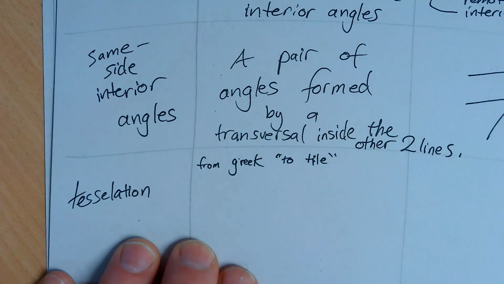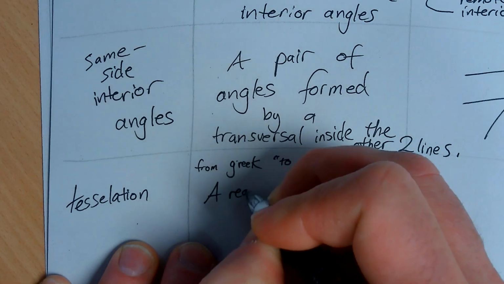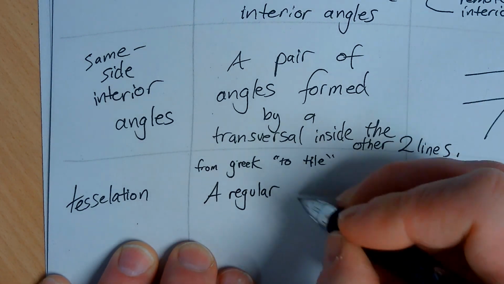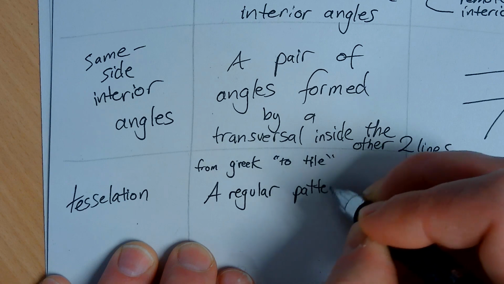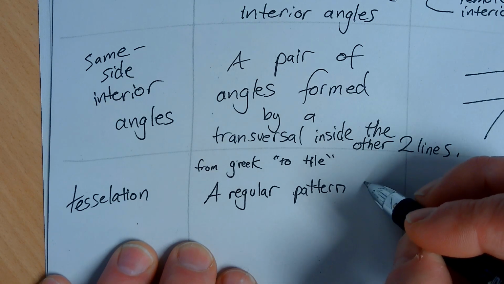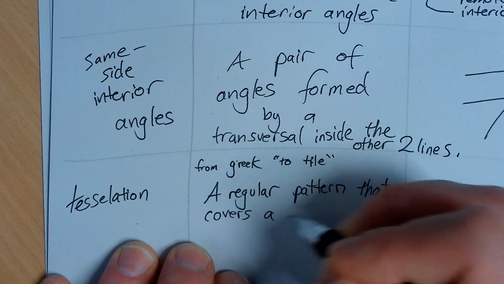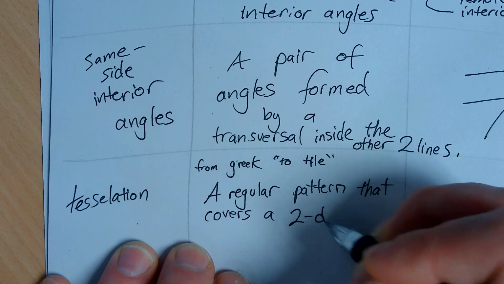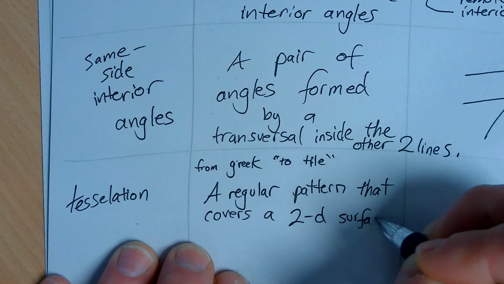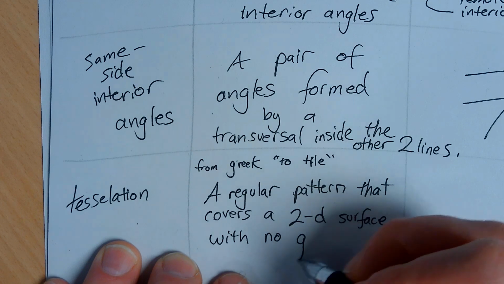And tessellation, a regular pattern that covers a 2D surface with no gaps.